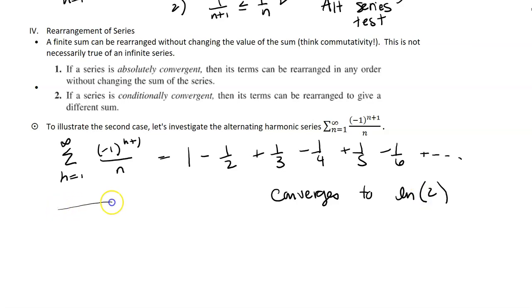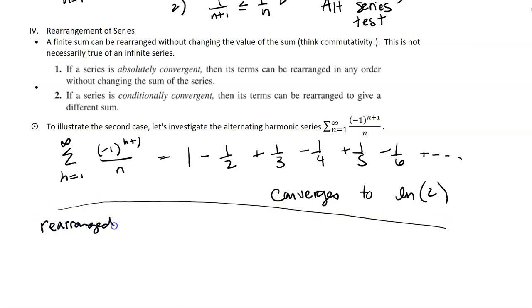What if you took these terms and rearranged them though? So let's just say I'm going to group things a little bit differently. I'm going to group the 1 minus 1/2, and then I'm going to stick that negative 1/4 out here. And then I will do 1/3 minus 1/6.